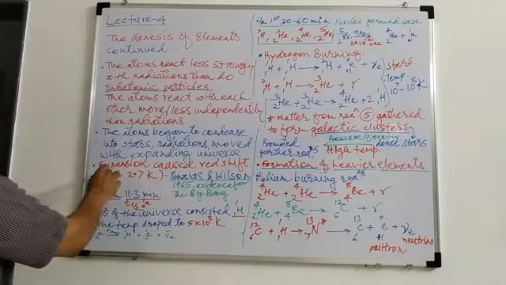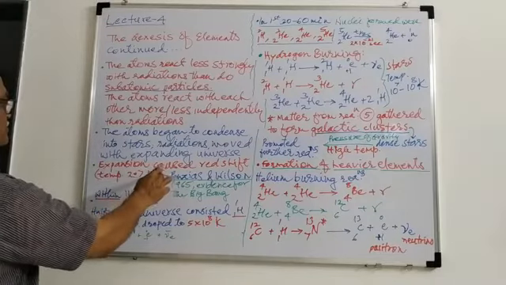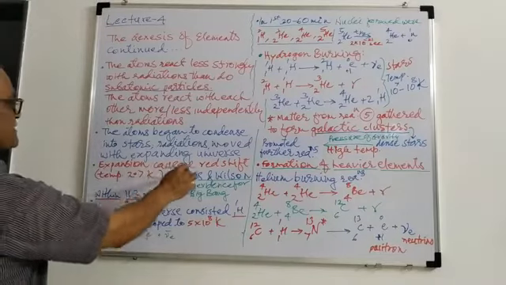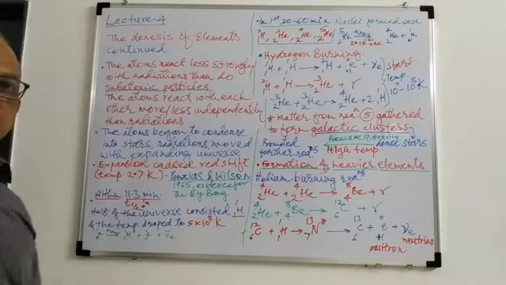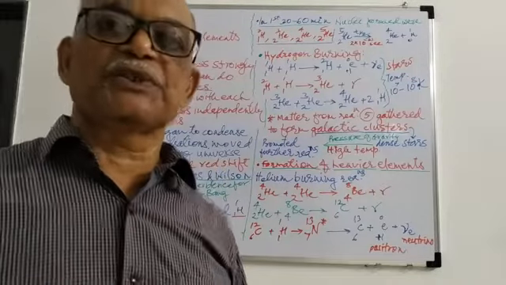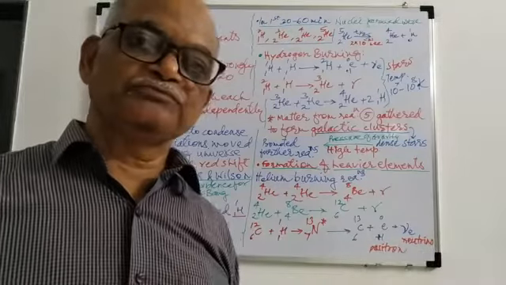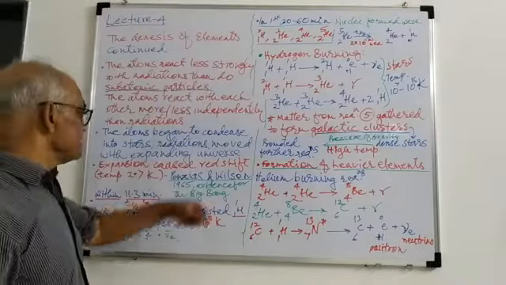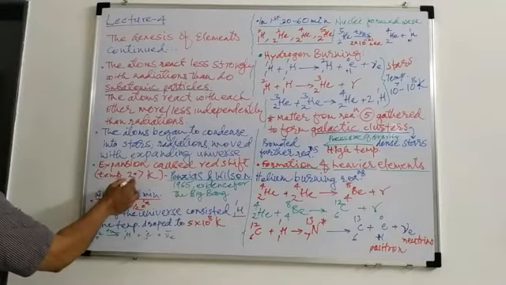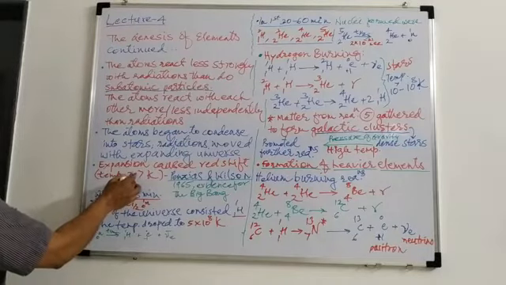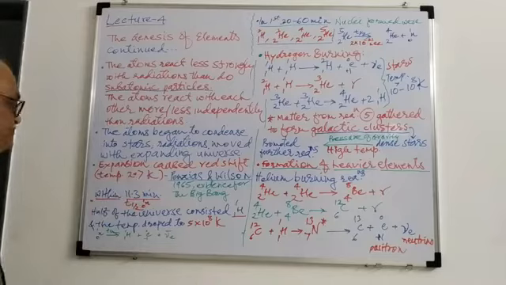The expansion of the universe causes redshift. This type of expanding universe shows a decrease in energy. That is called redshift. So the temperature decreases to about 2.7 Kelvin.